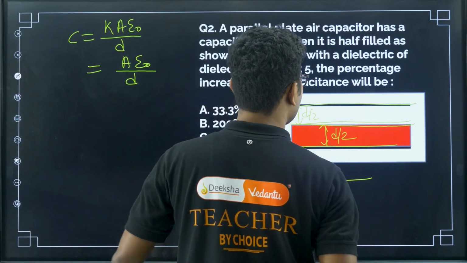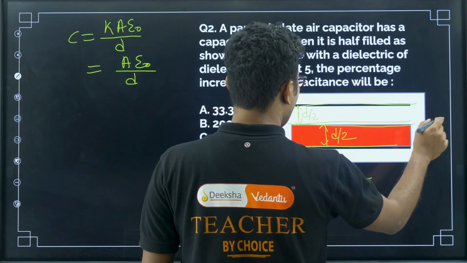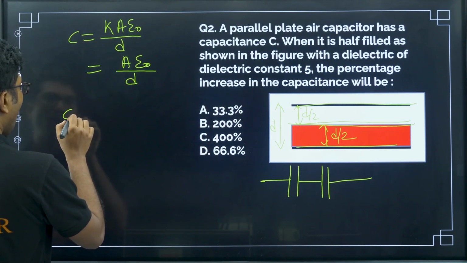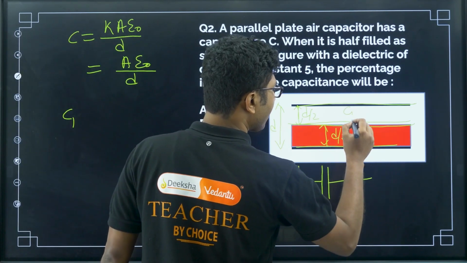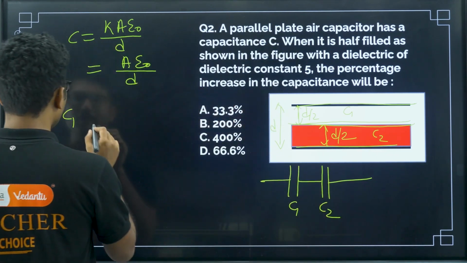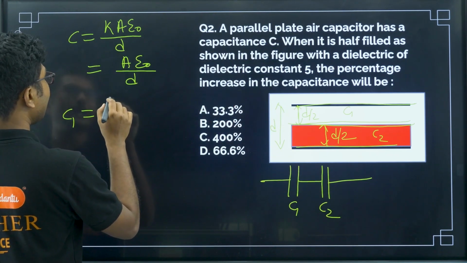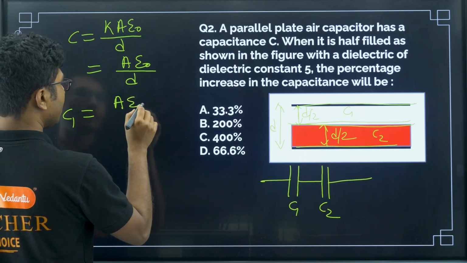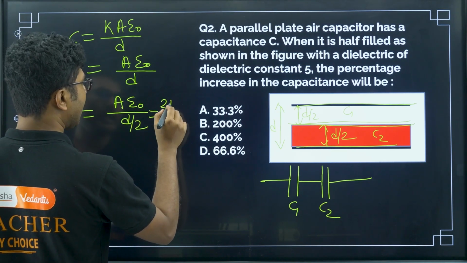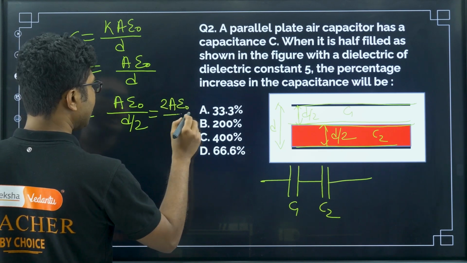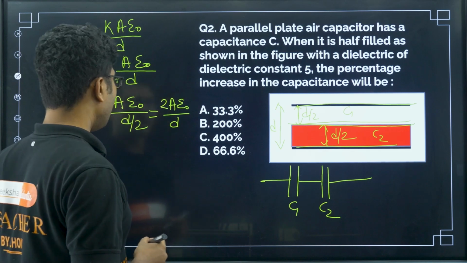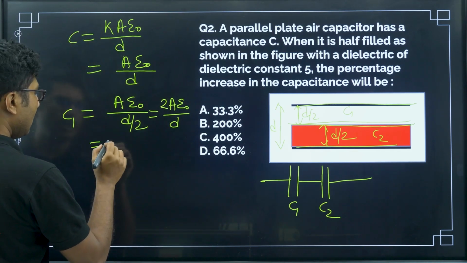First calculate the capacitance of the air capacitor. Air capacitor is very simple. Say this is C1, this is C2. C1 is basically A epsilon naught divided by D by 2, that is equal to 2A epsilon naught by D, right? So it is basically only 2C.